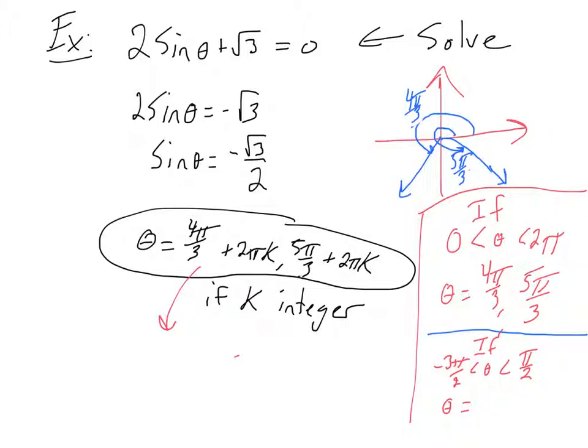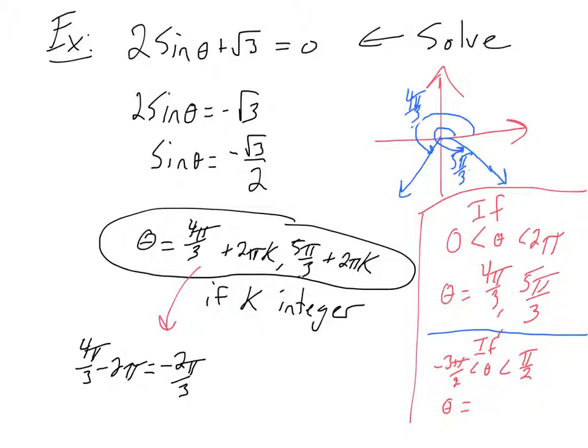And so what we'll do is we'll go ahead and subtract. We'll make our k value equal negative 1 and subtract 2 pi from both of these to see if they end up in the right domain. So if I do 4 pi over 3 minus 2 pi, I will get negative 2 pi over 3.